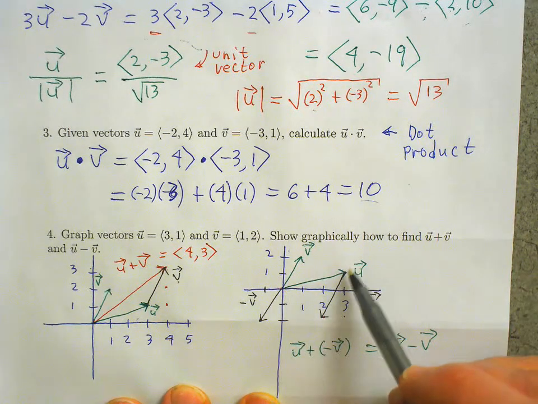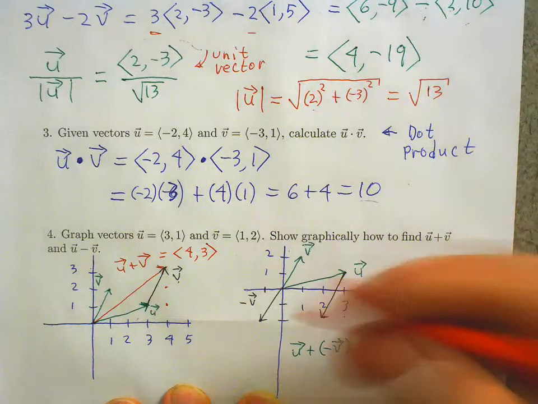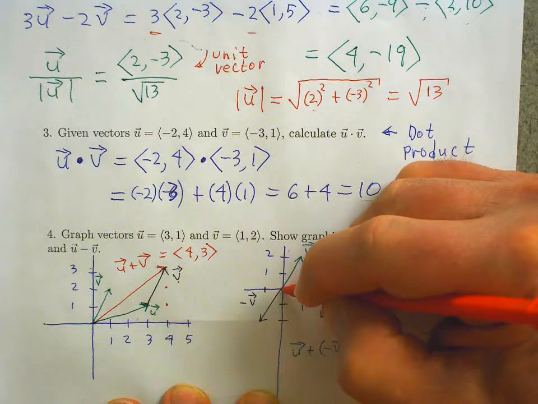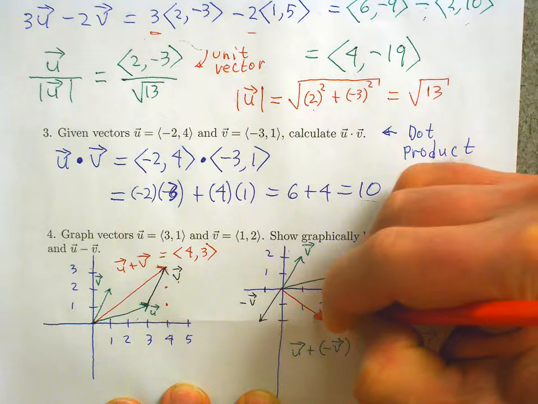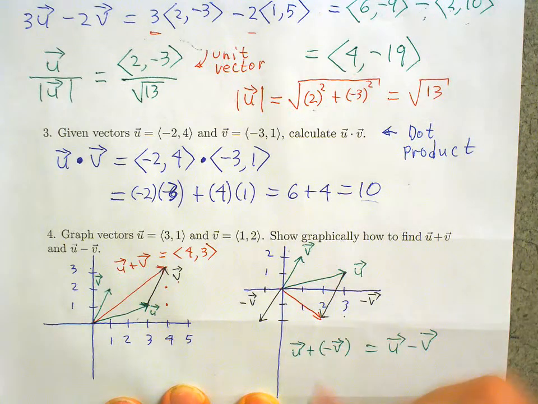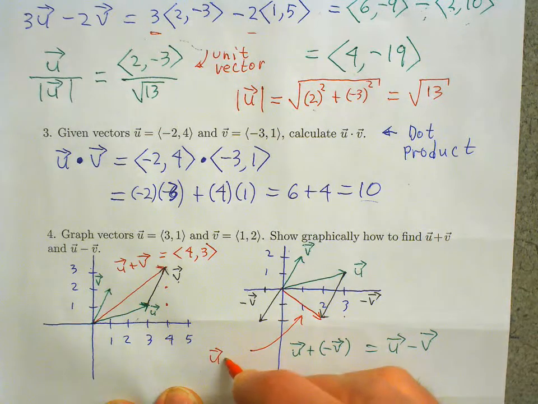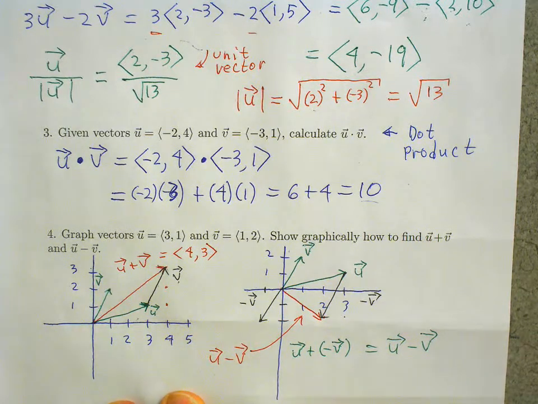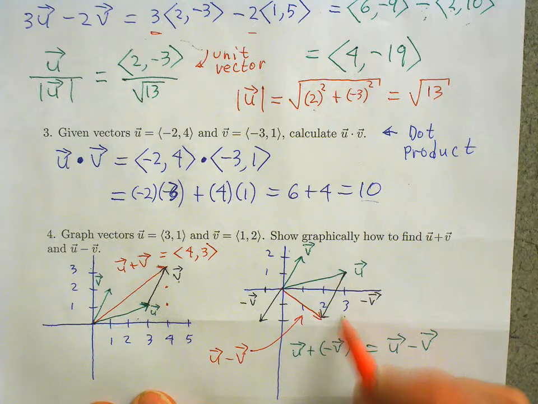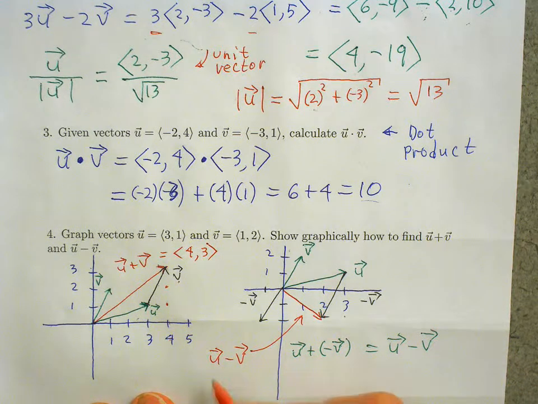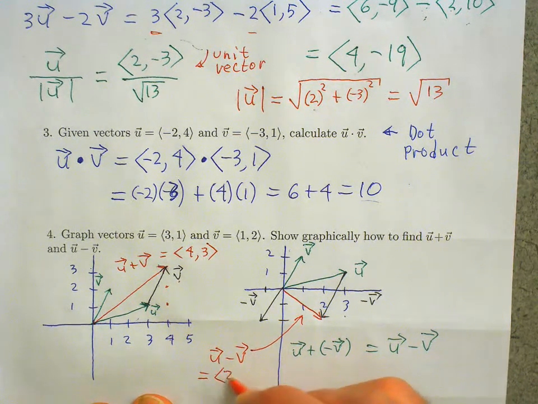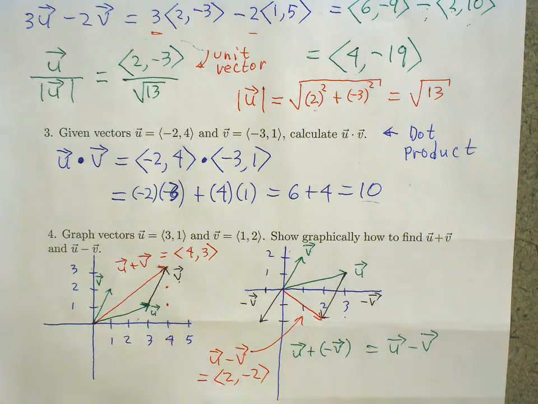So u plus negative v can be found graphically this way. So that vector is vector u minus vector v. And the components are 2 and negative 2. Then we can do the arithmetic to verify that that's true. So vector u minus vector v, the first component, 3 minus 1 is 2.